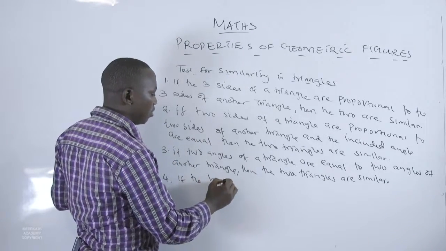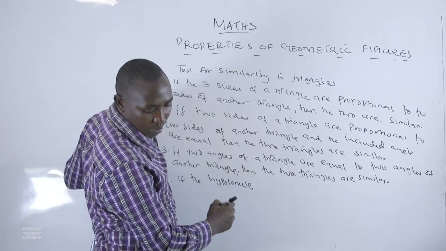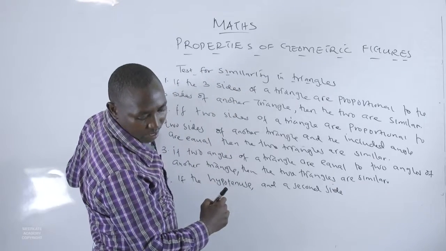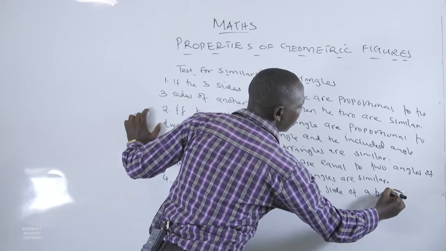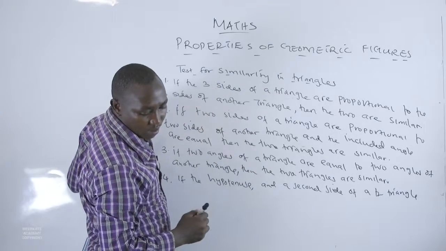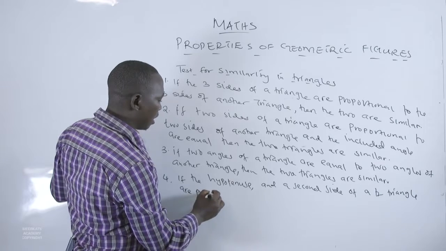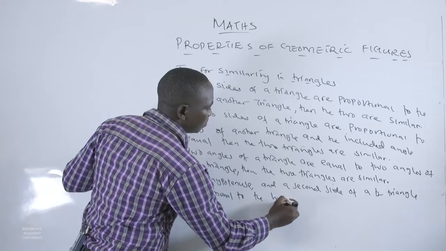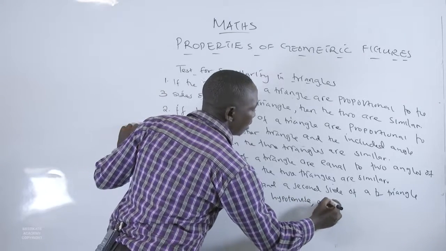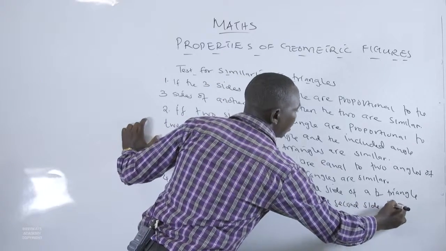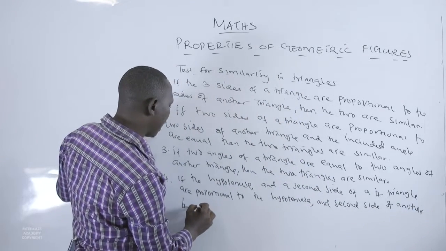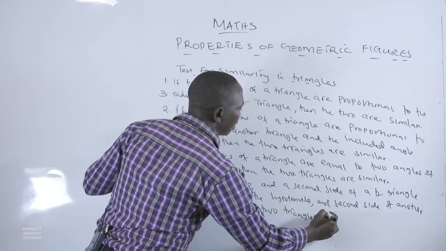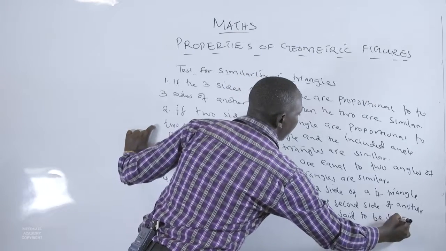If the hypotenuse and a second side of a right angled triangle are proportional to the hypotenuse and second side of another right angled triangle, then the two triangles are said to be similar.